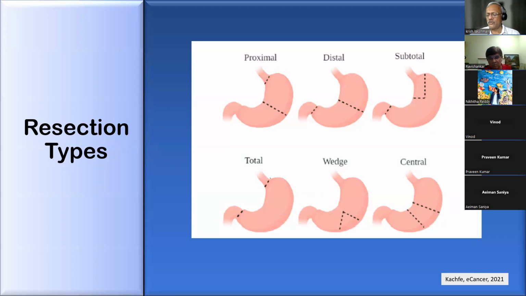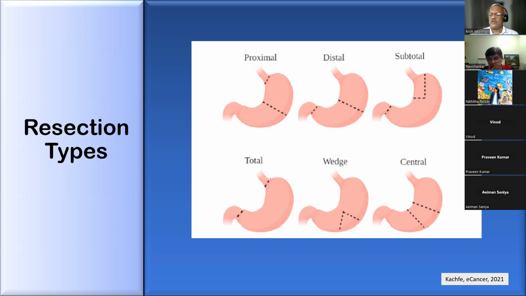And of course, for a total gastrectomy or a subtotal gastrectomy, you probably take away all the attachments. The important things are to release the distal part of the stomach up to the pylorus and the first part of the duodenum. That's when you divide the distal part of the stomach.